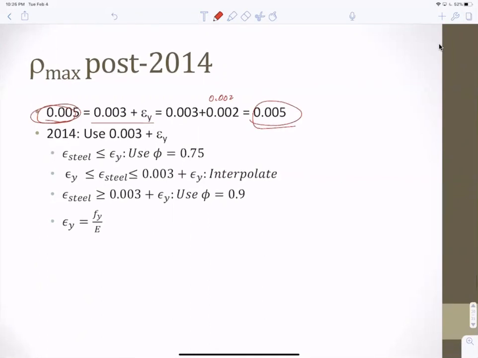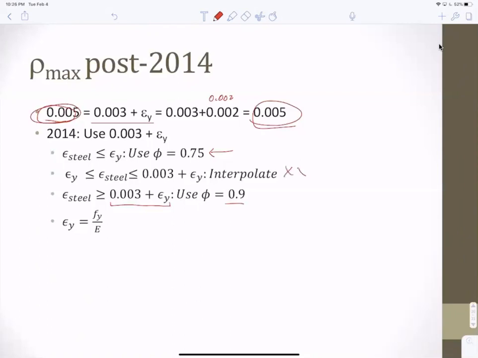If your steel strain is less than the yield strain, it's definitely failing in compression first, so you're going to use 0.75. And if the steel strain is greater than this number here, which remember is basically 0.005, then you use 0.9, and in between you'd interpolate.